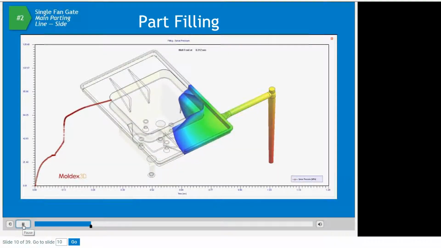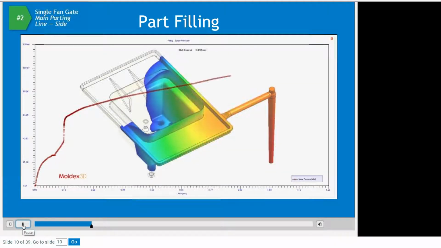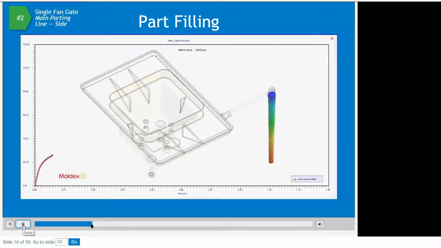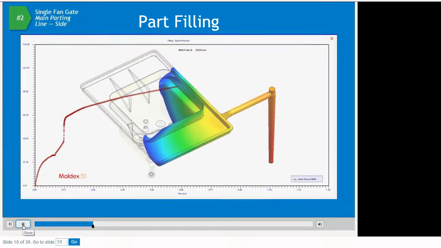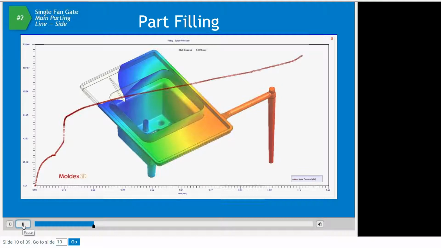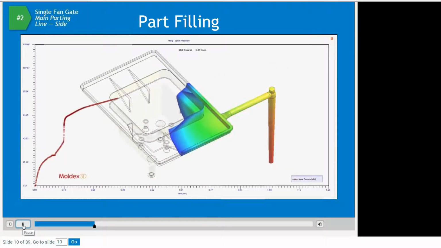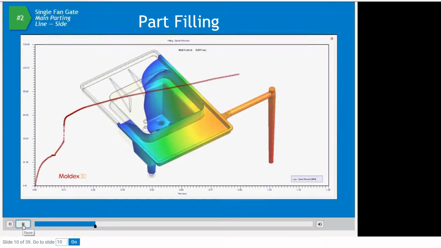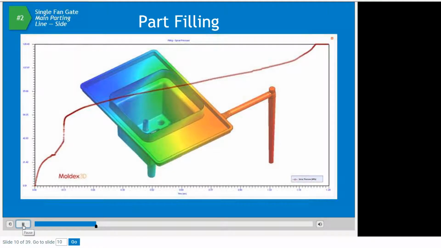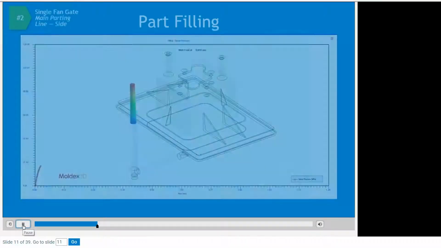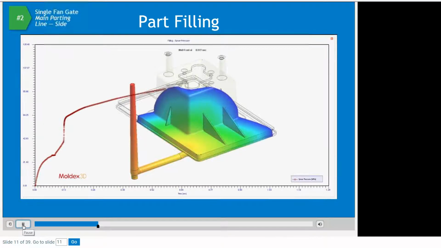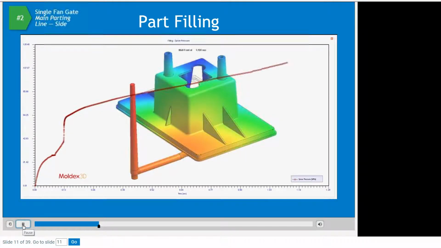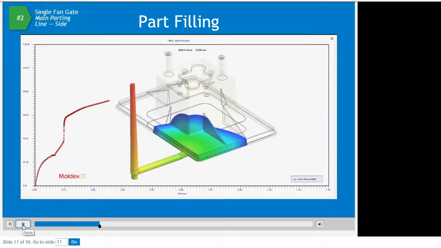The second design with the offset fan gate also shows the part filling without any fill-related issues. The injection behavior is the same as with the center-gated example. Here is the bottom view of the part, and on the next slide, you will see the animation for the top view of the part. And again, it looks like a very smooth fill behavior.